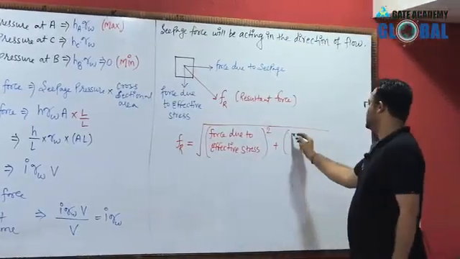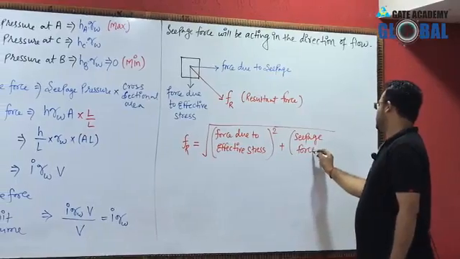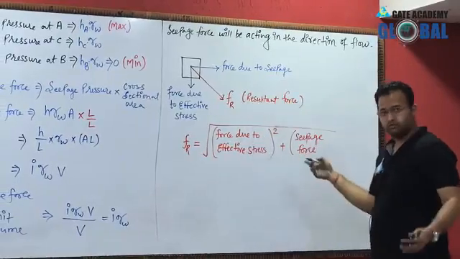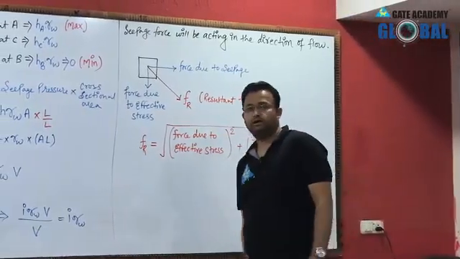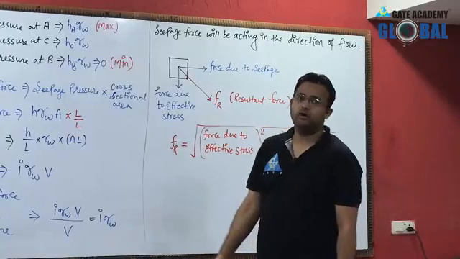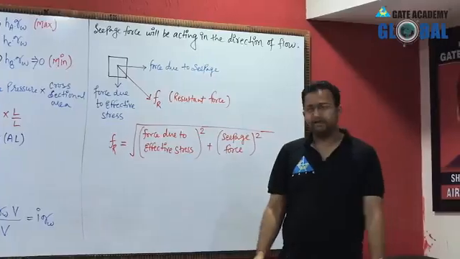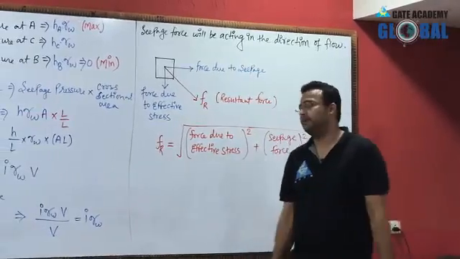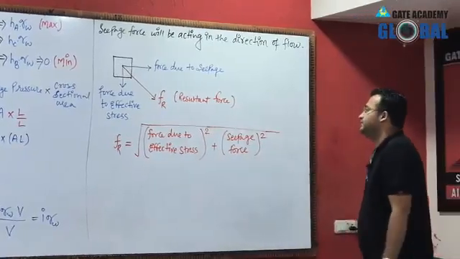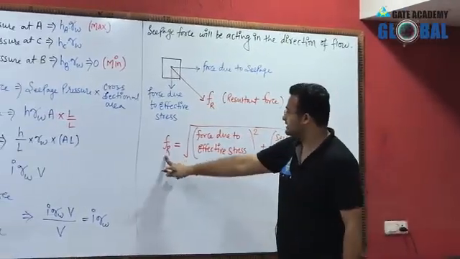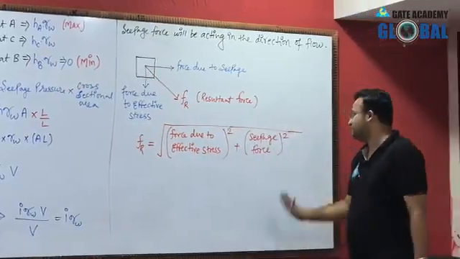So I can write seepage force due to seepage, or seepage force, both are same. Okay, seepage force square. So like that, in kilonewton per meter, or kilonewton per meter means for 1 meter length of the sample I can consider, 1 meter width of the sample I can consider, or better in kilonewton we can estimate this one. So this is the force or the resultant force which is acting in this soil element. Clear? So like that we can discuss.